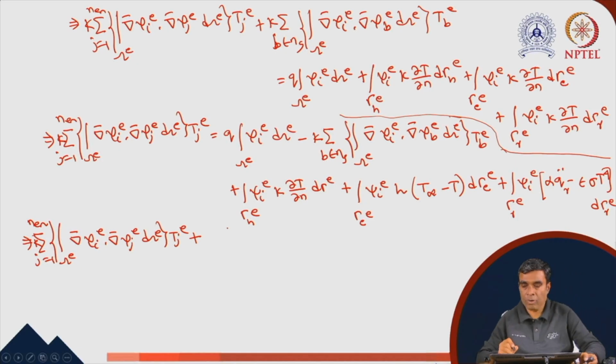Here in the convective term and in the radiative term we find that we have contribution from the unknown degree of freedom temperature. So this must be shifted to the left hand side and the remaining terms should be retained in the right hand side.